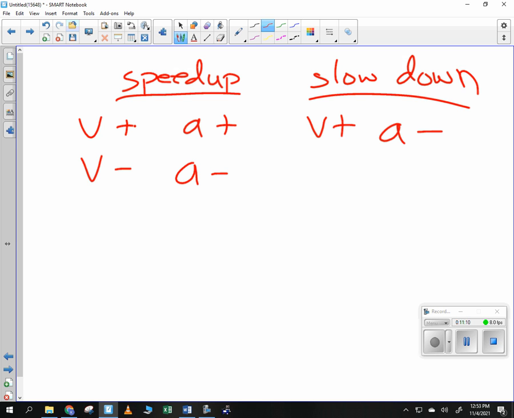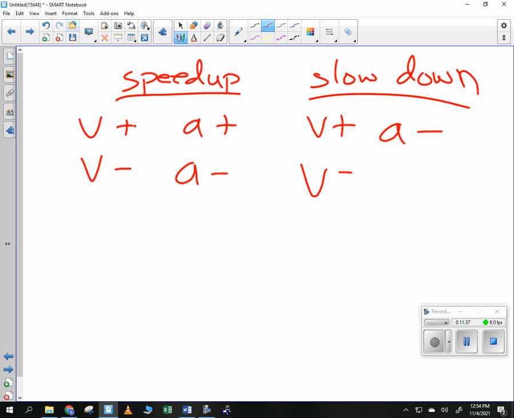Now I'll do slowing down, okay? And this should make sense to you. So here I go. I'm going to be slowing down. You see that? When I was first starting, I was slowing down, right? Was the velocity positive or negative? Negative. Was the acceleration positive or negative?